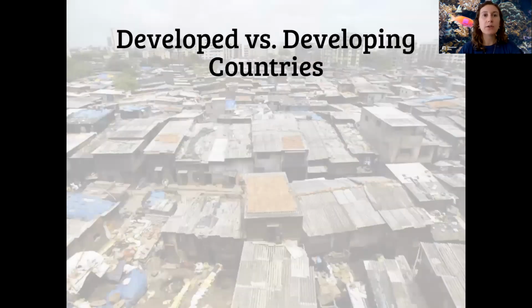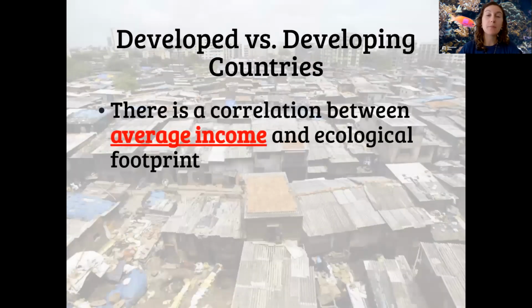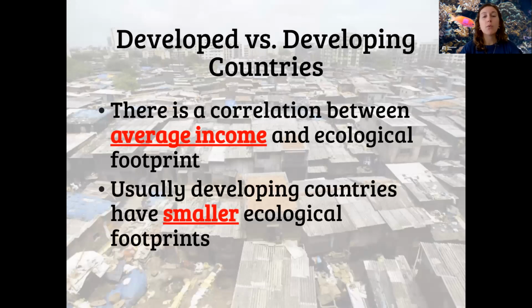We do see a lot of correlation between developed versus developing countries and their footprint. The higher the income in an area, typically speaking, the higher the ecological footprint or resource and land usage. A developing country may not have as many structures or facilities around them, so they usually have a smaller ecological footprint.